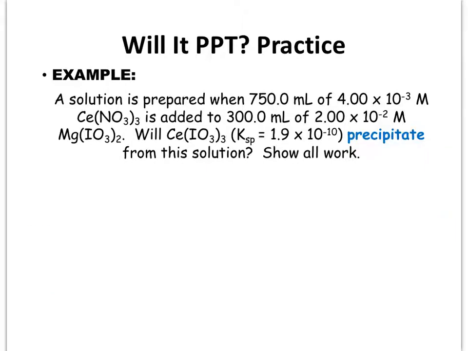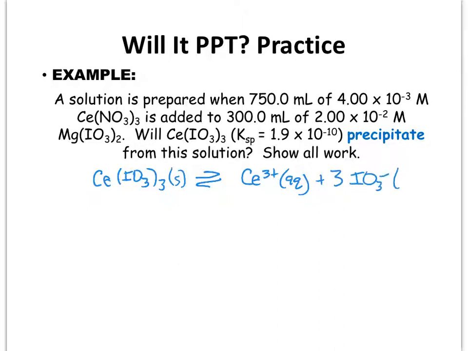So now that I have the concentration of each of the ions in my precipitate, I need to plug that into the Q expression. So before I do that, I want to write out the actual reaction here for the dissolving of the compound itself. So I have this CeIO3, which would be a solid, in equilibrium with each of its ions, the Ce3+, which would be aqueous, plus the 3 IO3-, and that's aqueous as well.